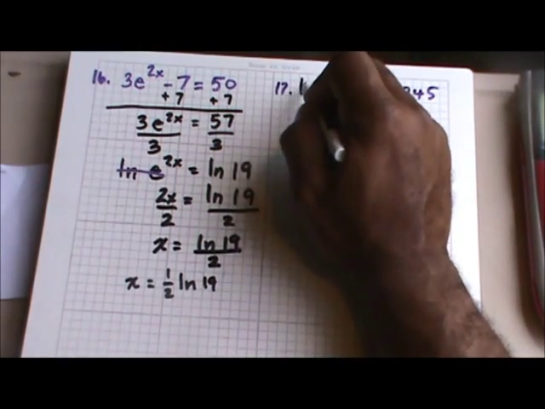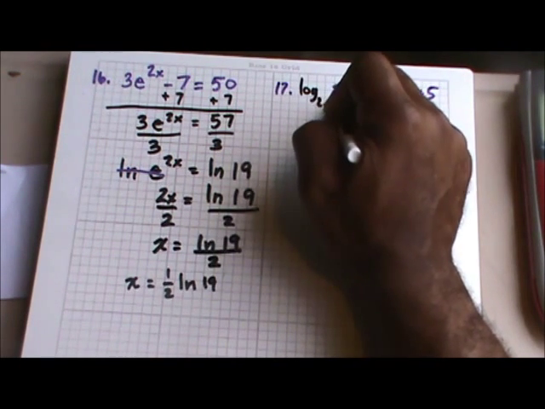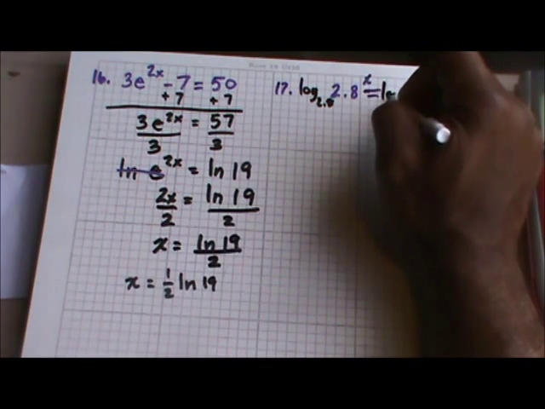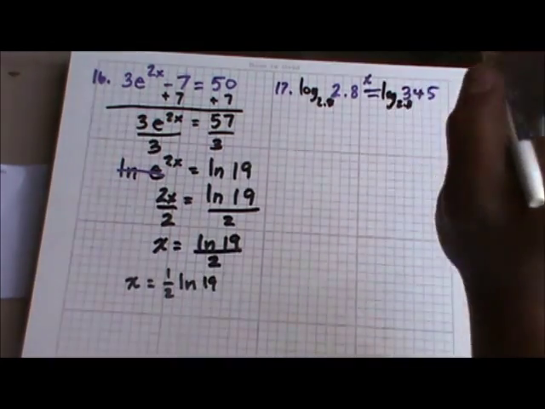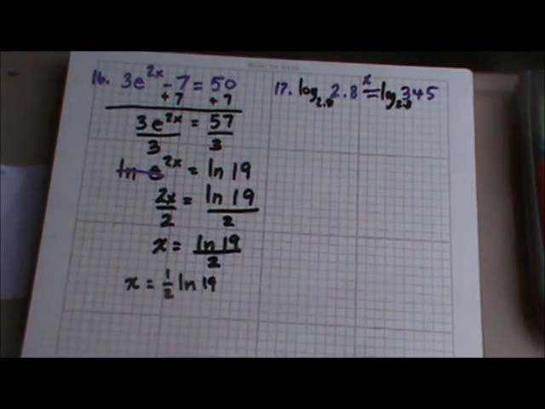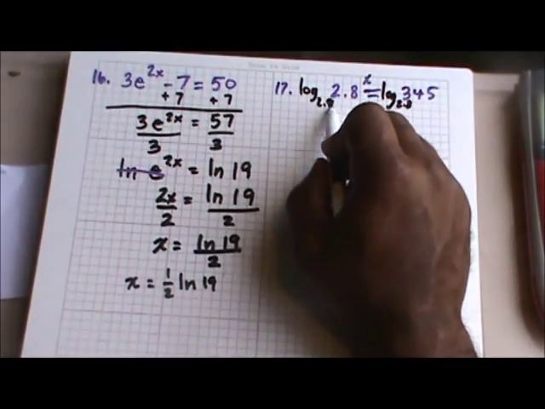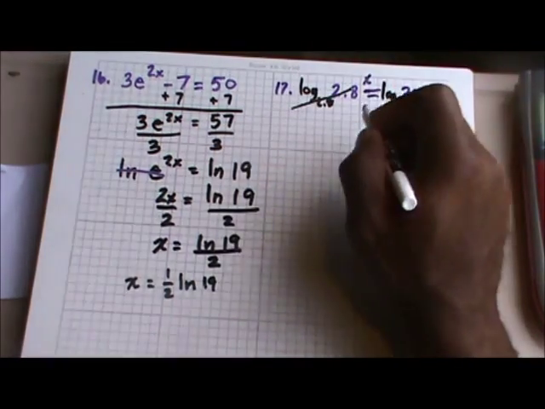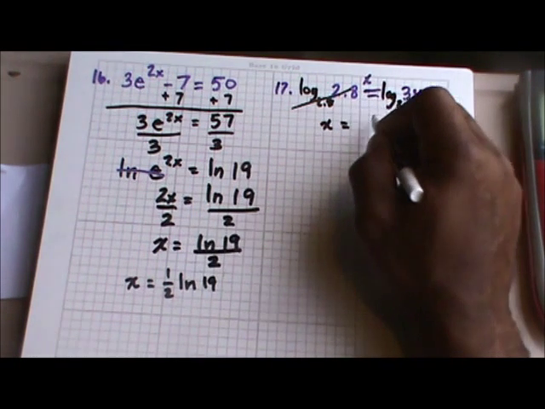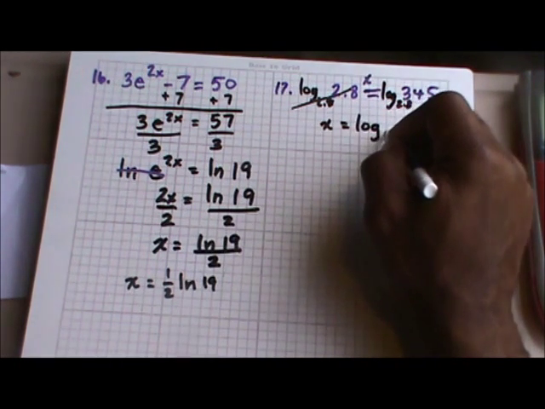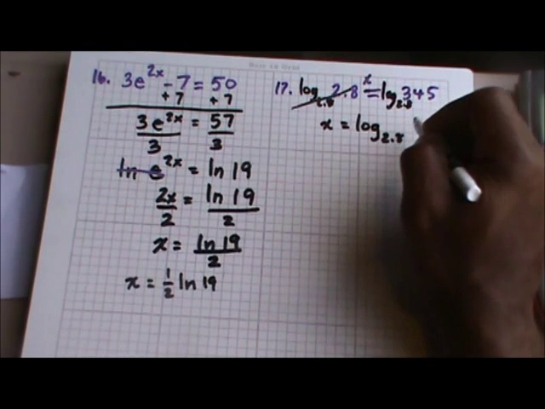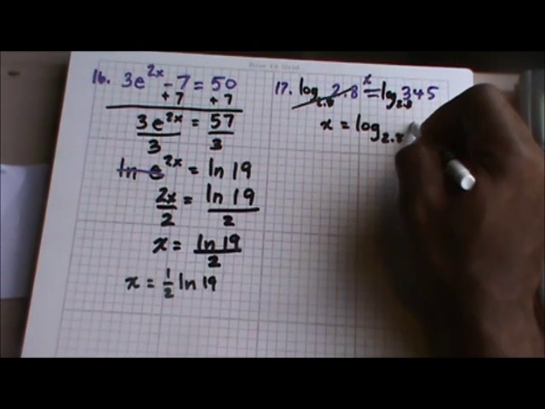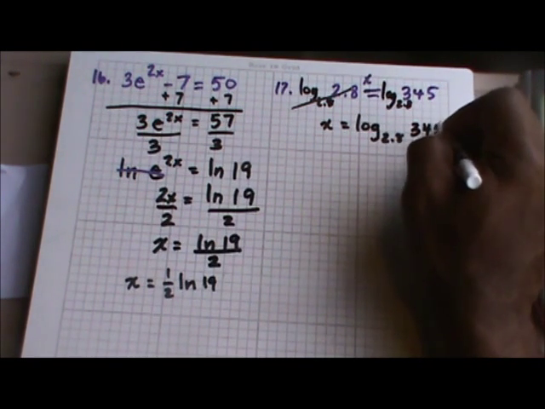So we're going to log base 2.8 both sides. All right, now doing that, we have log base 2.8 of 2.8, and that cancels. We have x is equal to log base 2.8 of 345.